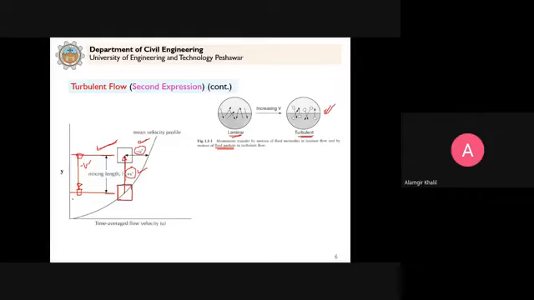So it will bring a change that will be plus u dash. So in that case, you can see that still this product will be minus. Still the correlation is negative. This is what we say, that the correlation is negative.